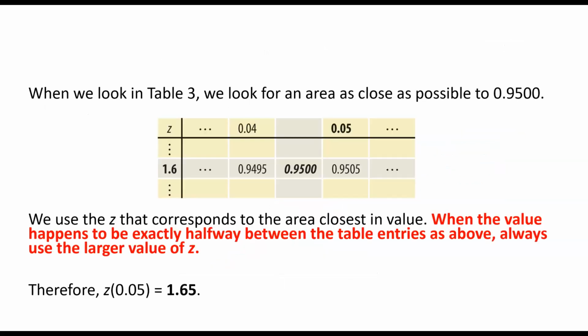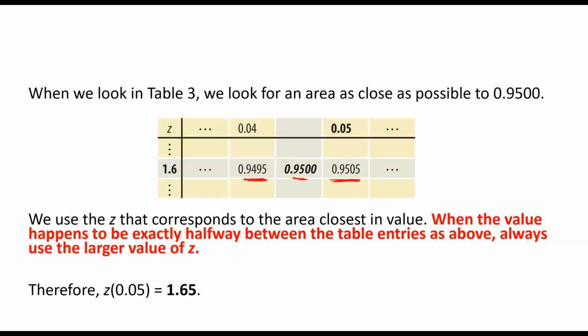When you look that up in table 3, you will notice that looking through to find the values closest to 0.9500, it doesn't actually exist. You have 0.9495 and you have 0.9505. Notice that both of those are the same distance away from 0.9500.